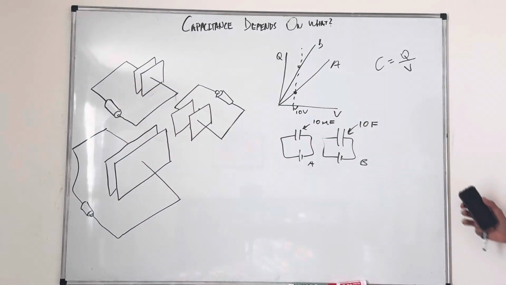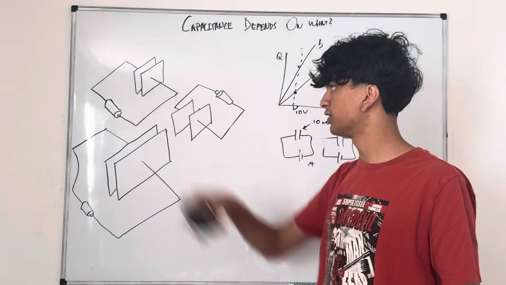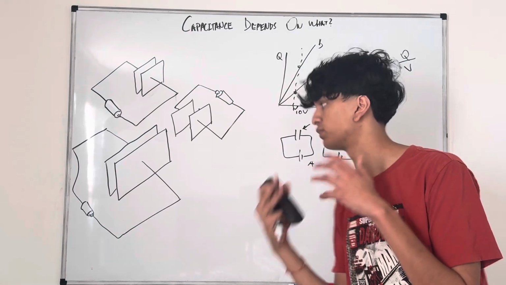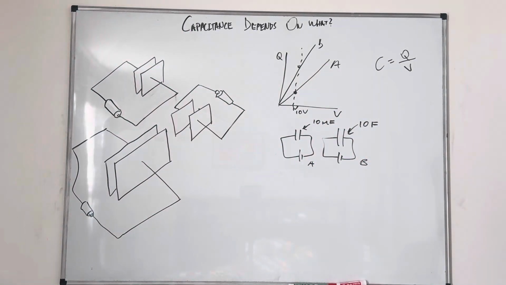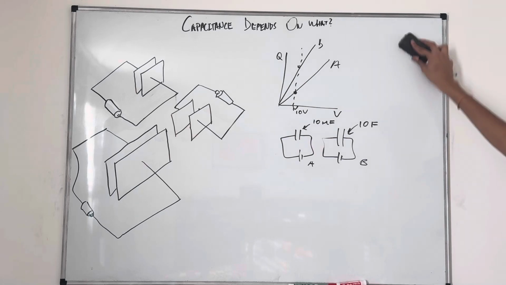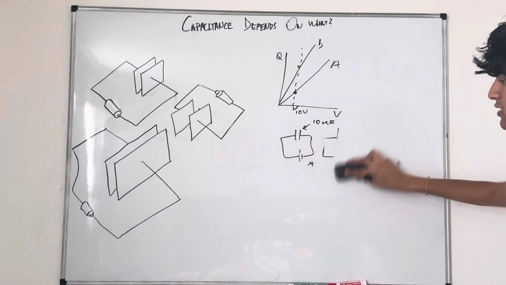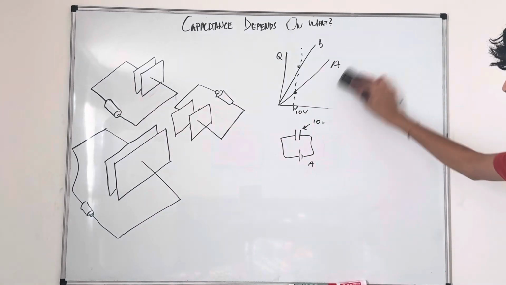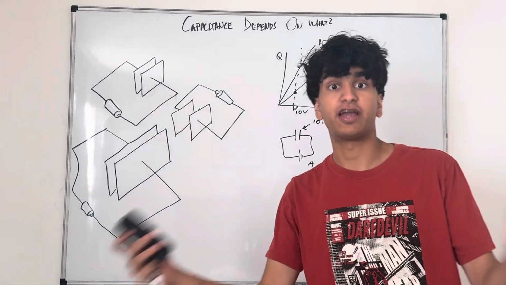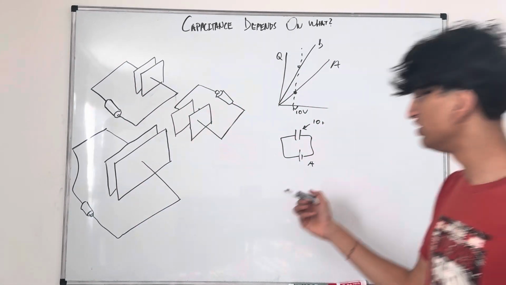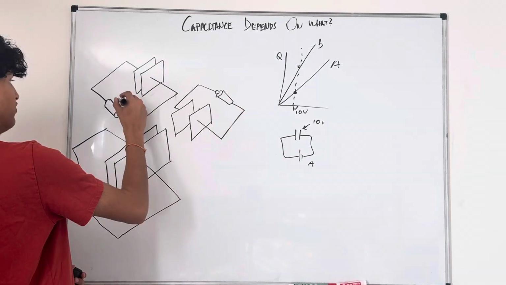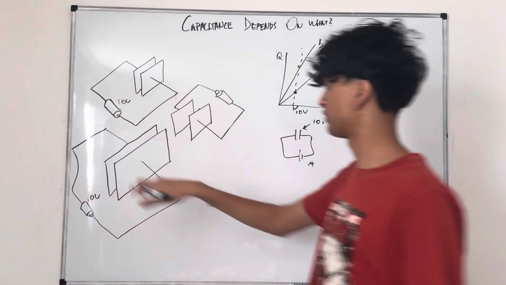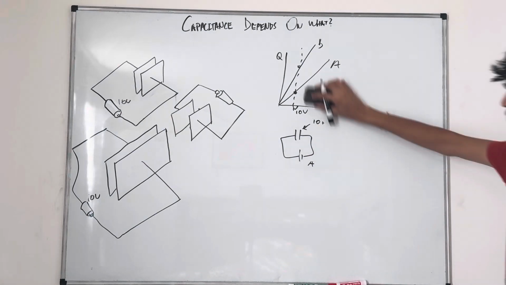So here I have a capacitor, and then down to the bottom I have a capacitor with much bigger plates. Hopefully you can guess that this thing is going to have more capacitance. Why? Because it has a bigger area. It can hold more charge. If these batteries were 10 volts, you'd imagine this capacitor is going to get way more charge.